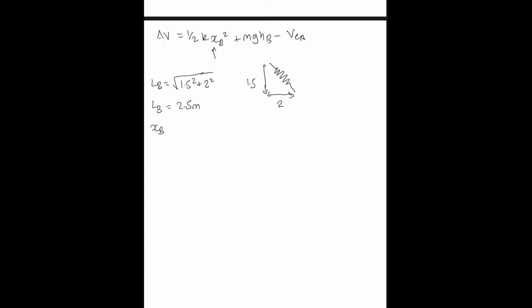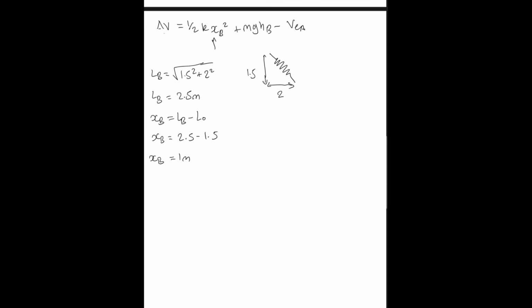And the stretched part of the spring is just going to be LB minus L naught. And since we now know both, xB is 1 meter. Now we plug in everything we have to get delta V is 40.68 joules.